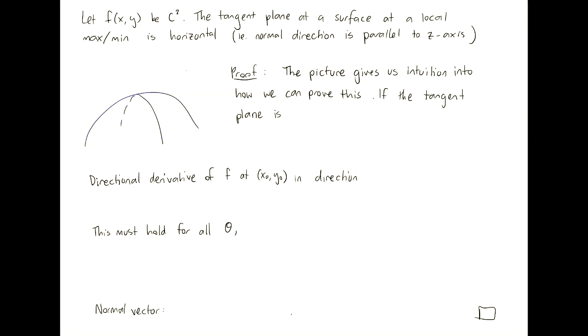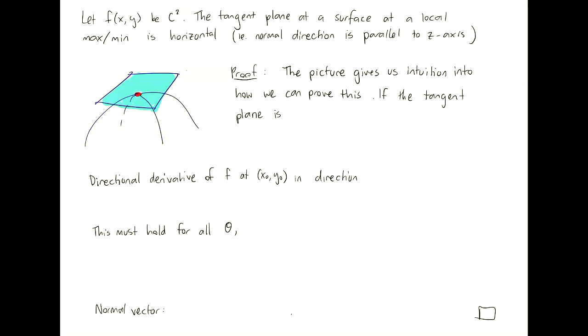So what I'm saying is if my contention is that this is a local maximum, then the tangent plane at that point, which is, of course, the tangent space glued to the point, is horizontal.